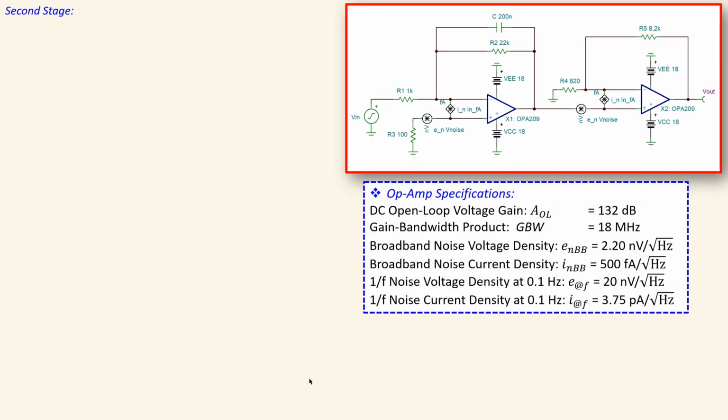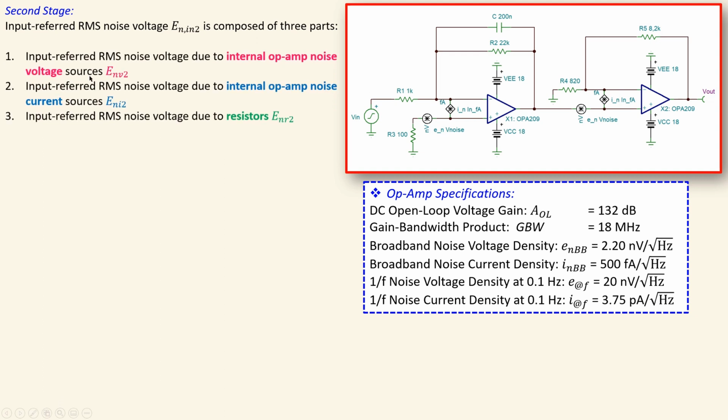Now the second stage goes in a very similar form. Again, we have the input referred RMS noise voltage of the second stage. It has also three parts, so I will go a little bit faster in this case, because we have the internal op-amp noise voltage source, which is this one, also the noise current source, also the resistors. Each of them will contribute noise at the input in terms of RMS noise voltage.